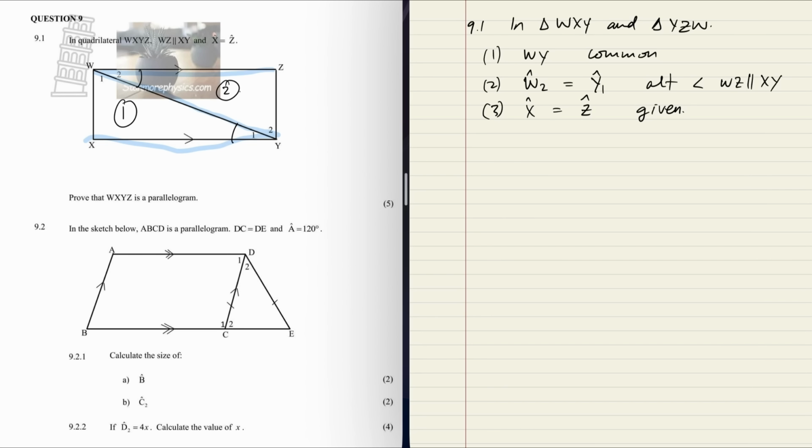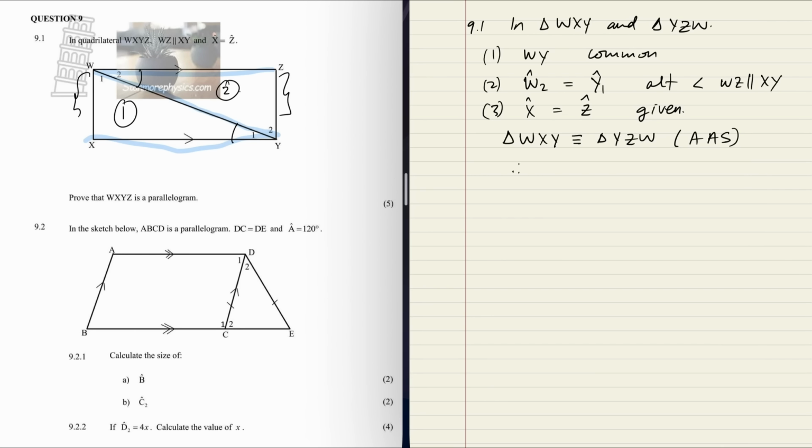And so we can then conclude that triangle WXY is going to be congruent to triangle YZW, and that's because of angle, side. Now, because these triangles are going to be congruent, we can then conclude that XY, so this side here, is going to equal that side there.